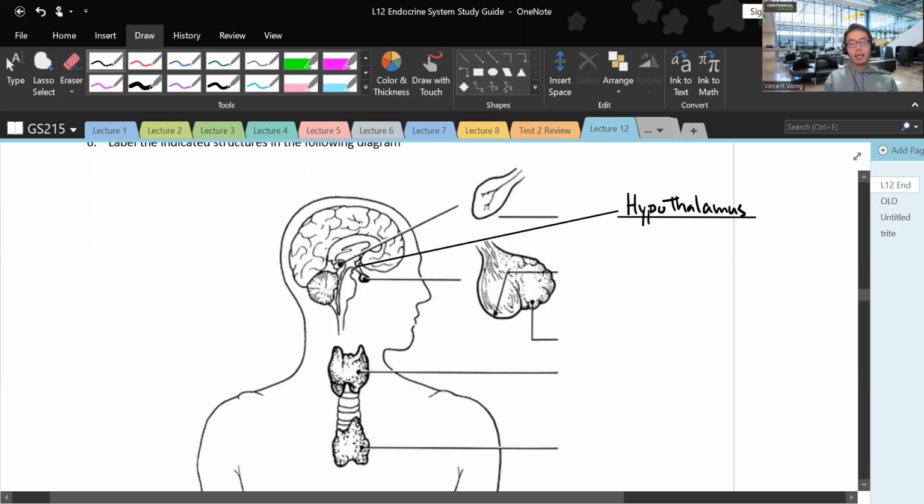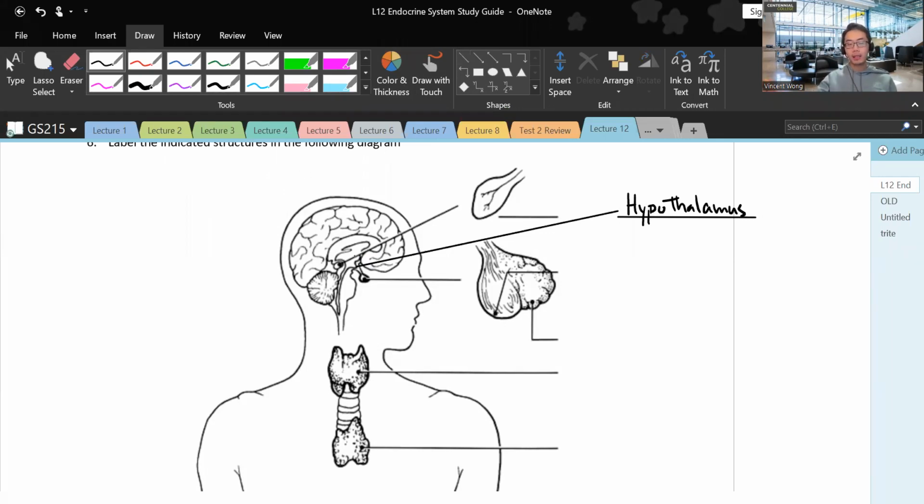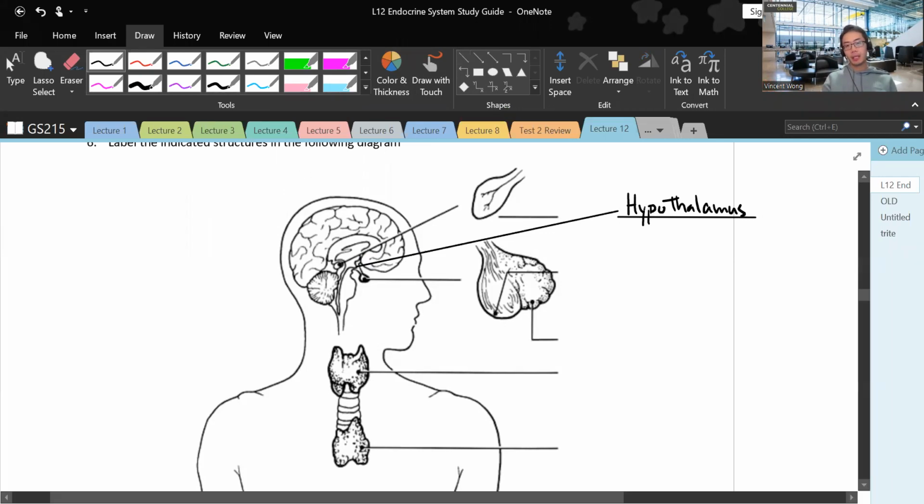By now, you should know the hypothalamus is going to be regulating the pituitary gland through releasing hormones, right? And we learned 3 types of releasing hormone: the GnRH, the TRH, and the CRH.